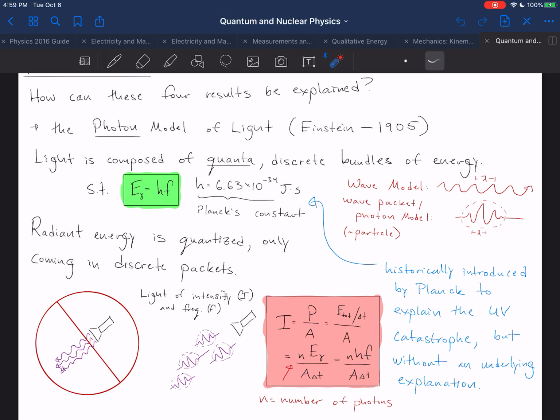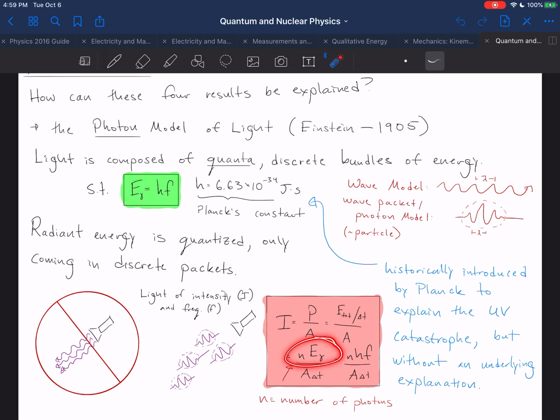And in particular, we can unpack E total as n, the number of photons, times E gamma, the energy of each photon, equal to hf by the equation from above. And therefore, the intensity is equal to the number of photons times the energy of each photon, related to the frequency, per unit area, per unit time.